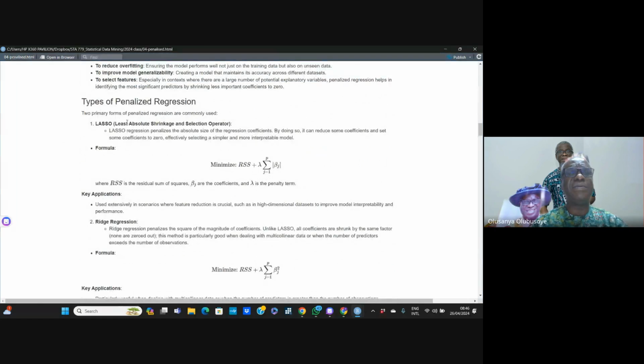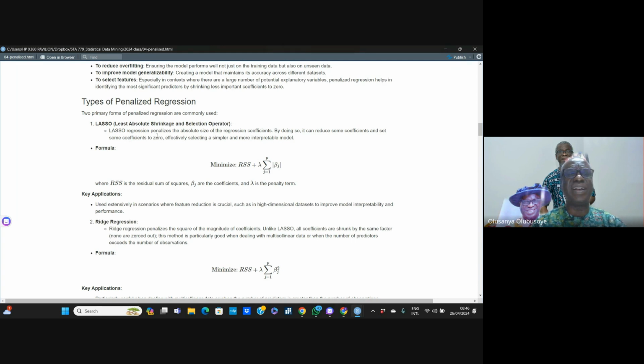But let's look at the types of penalized regression that we have. The first one is the LASSO. LASSO simply means least absolute shrinkage and selector operator.